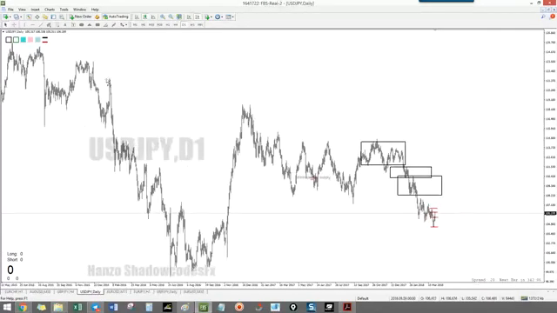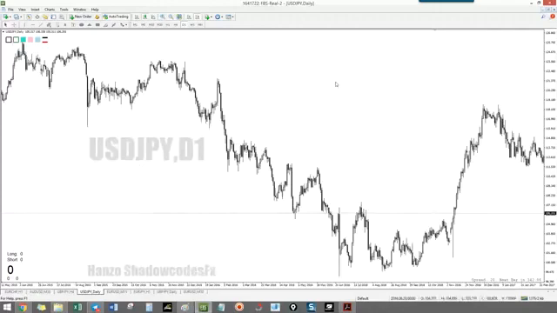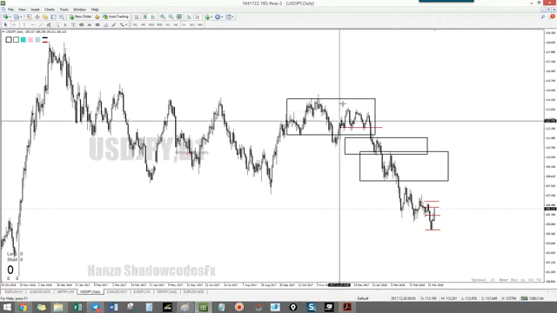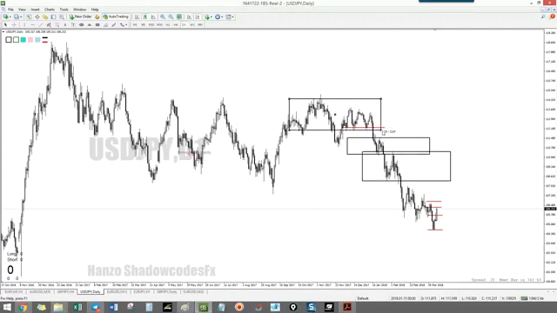Here I go to daily. You see this? This is a breakout at the first phase or excessive phase. You can look over here, 1, 2, 3.